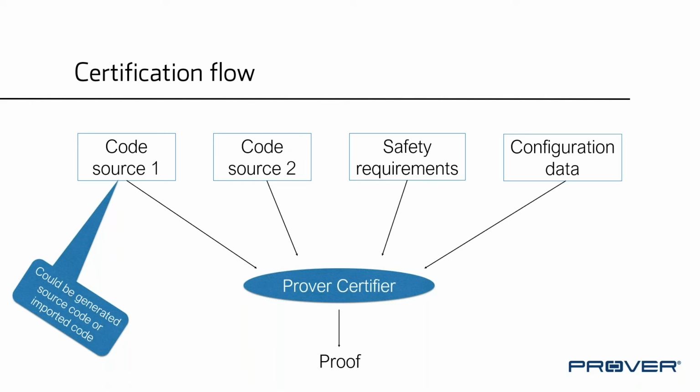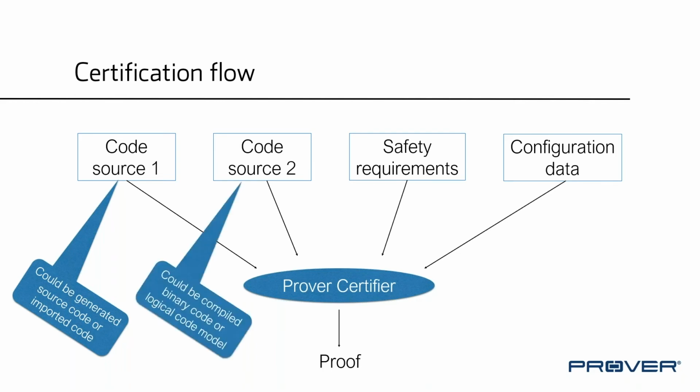For example, if there is no system like the one we used now with an automated process for generating code, but something manually written, we can still import that code into Prove Certify and check it. The source 2 of the code has sometimes been compiled binary code and sometimes a logical code model as it is today.